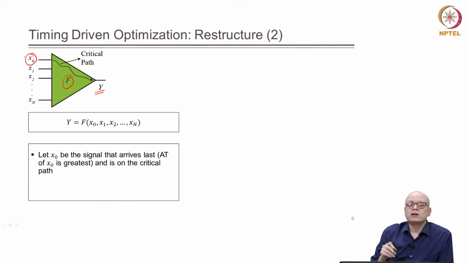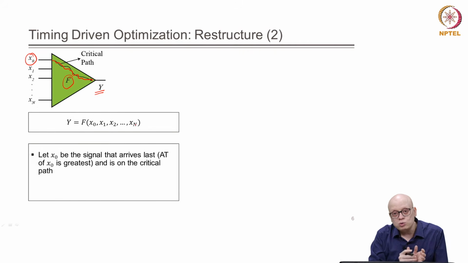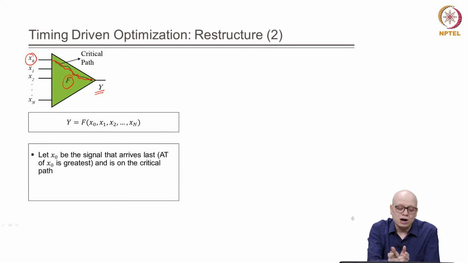Out of all the inputs x0 to xn, the one which is most critical, let us call it x0, and this is the path which is most critical, and f is an arbitrary combinational function. So, y is equal to f(x0, x1, x2, ..., xn). Now, if x0 is critical, what do we want to do? We want to move x0 closer to the output y.